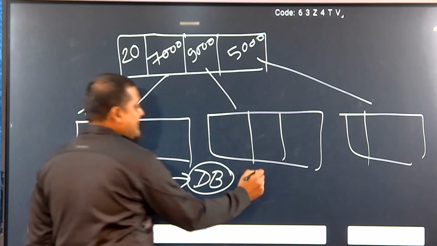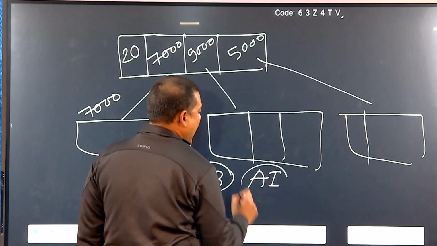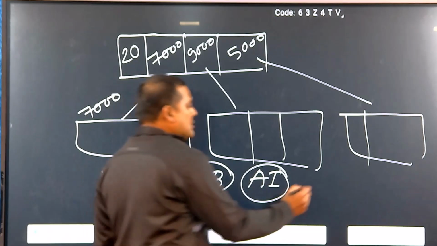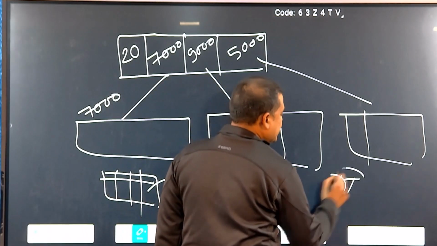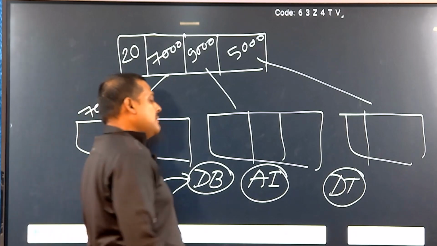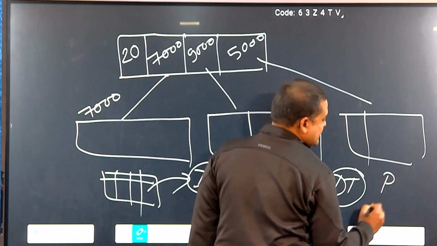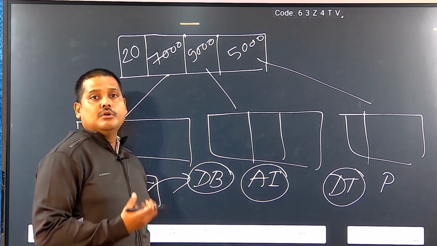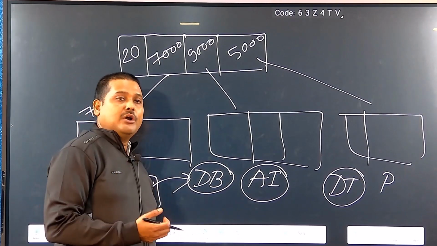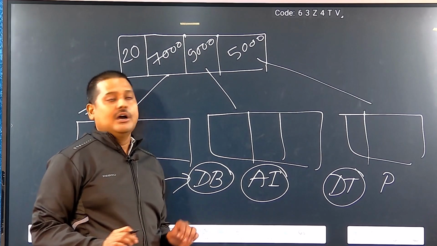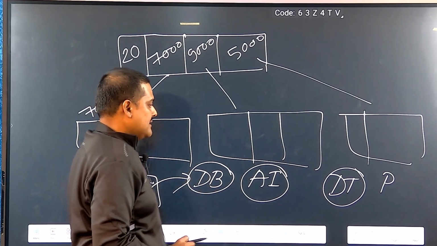In artificial intelligence, AI, we have an algorithm called a decision tree, and in many other cases also. In compiler design, parsing is a module, and the parser uses this particular data structure. We have huge applications of this data structure.